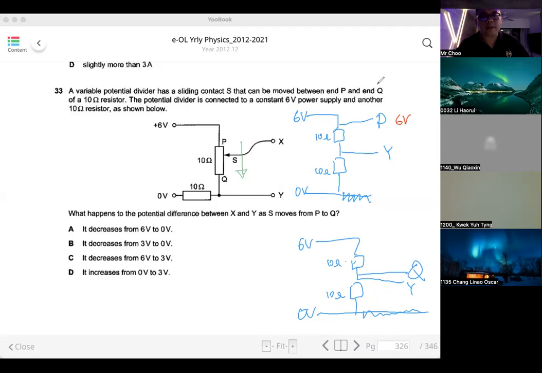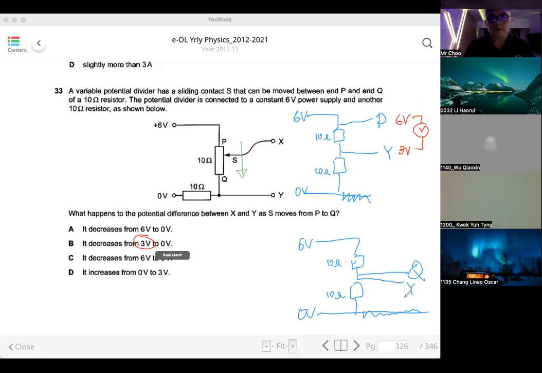So this X is at 6, but the Y is right in the middle. This Y will be 3 volt. Clear? Then if you were to put a voltmeter in between, the voltmeter measures the difference between these 2 points. At first, the voltage will be 3. So the answer will be 3 volt.